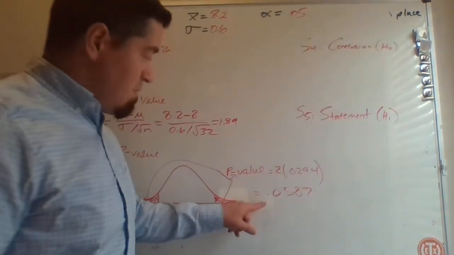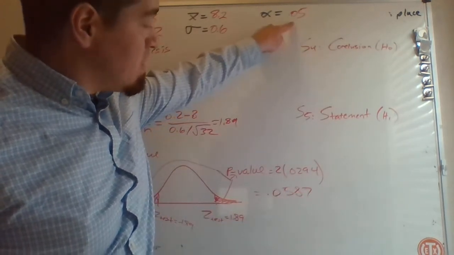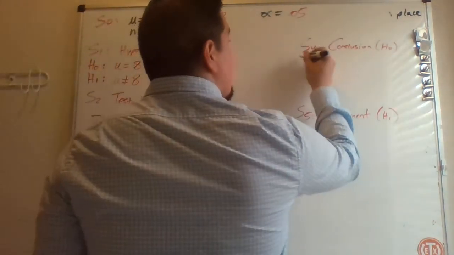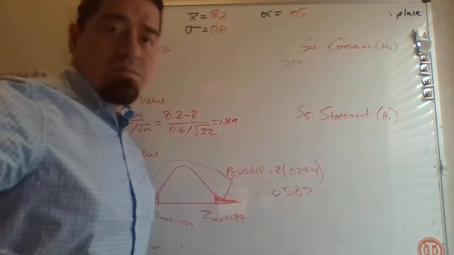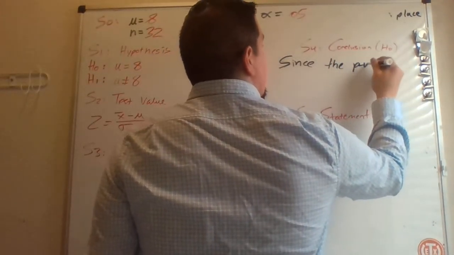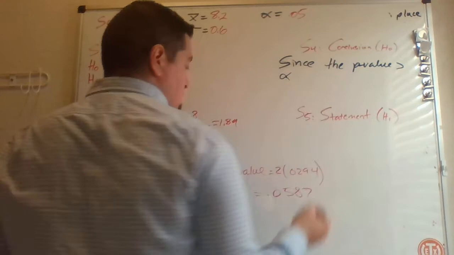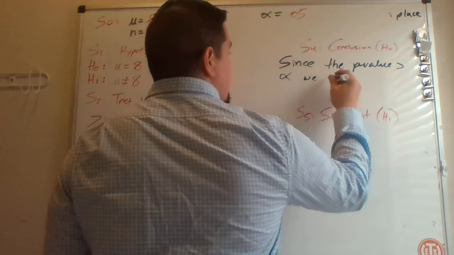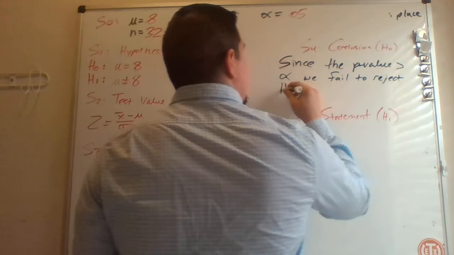Okay, so from there, if my p-value is 0.0587, is that less than or greater than alpha? Well, that's greater than alpha. So we'd say something like, since the p-value is greater than alpha, we fail to reject h naught.